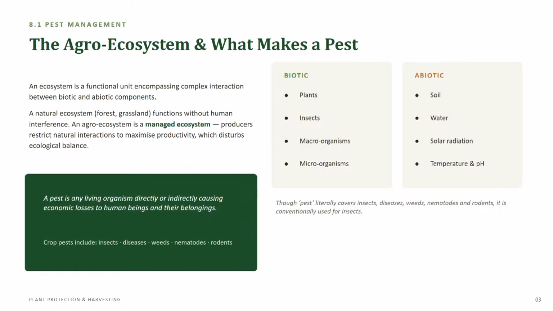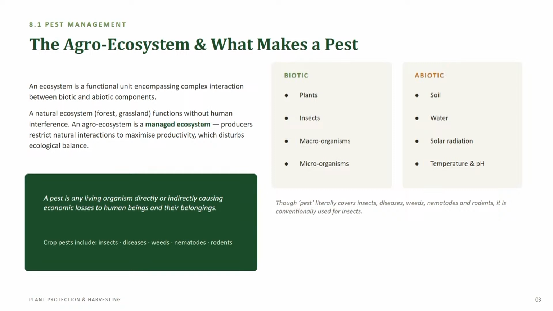In a natural ecosystem, the ecosystem functions without any human intervention. This type of natural ecosystem may be a forest ecosystem, grassland ecosystem, pond ecosystem, and there are many more such types. However, the agro ecosystem is one type of managed ecosystem.